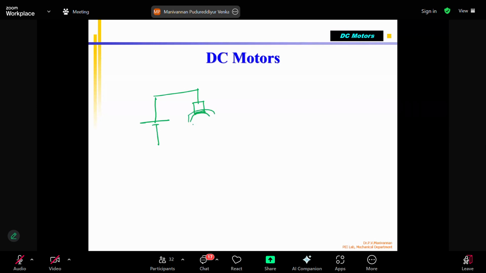A semicircular... these two parts are called brushes. Correct? And these two semicircular parts are called the commutator.